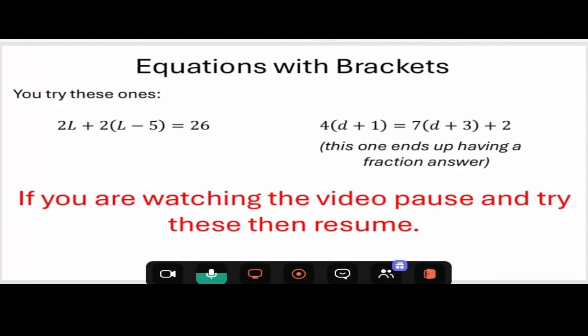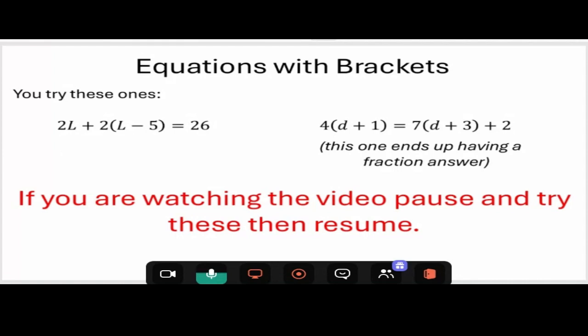Okay, so let's walk through these. This first one here is, by the way, I did this on purpose, the exact scenario you might run into in Math 052 or 038, where you need to solve. This is especially 052, and this would be if you have a perimeter and they tell you what the perimeter is, say 26 meters, and the only other information you have is that the width is 5 meters shorter than the length, and that's what that L minus 5 is there.